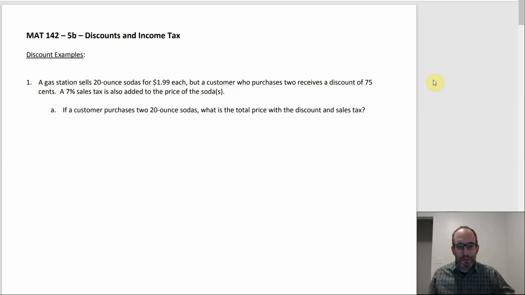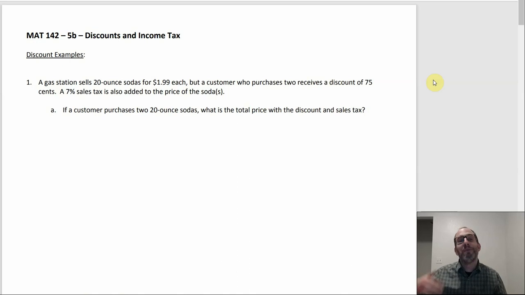This first one, where it says that a gas station sells 20-ounce sodas for $1.99 each, but a customer who purchases two at once receives a discount of 75 cents. And then after the discount is applied, if they buy two, then a 7% sales tax is added.